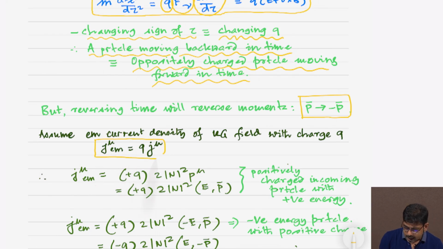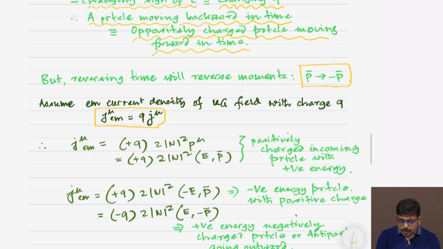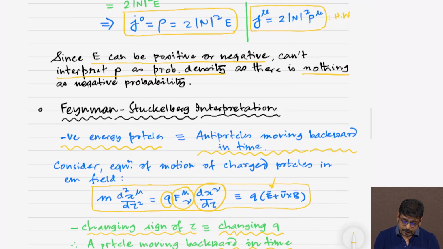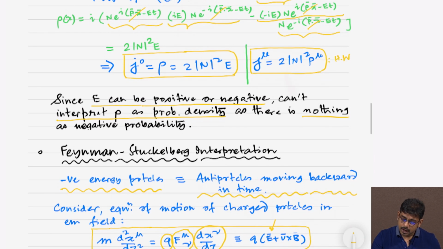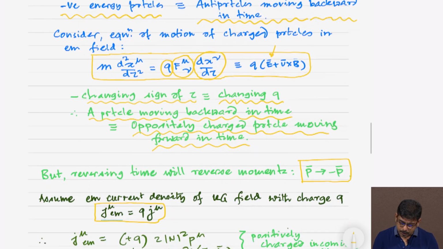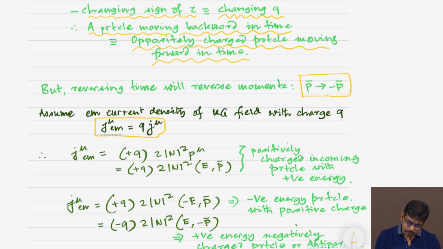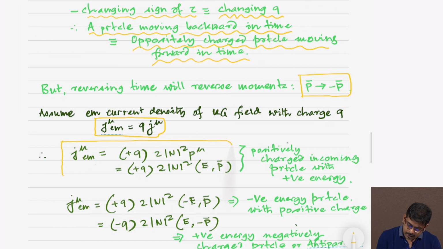So, I can construct an electromagnetic analog current, j^μ electromagnetism, that will be q into the j^μ that we constructed, and it turns out that this j^μ was nothing but 2 into |N|² into p^μ. So, therefore, the j^μ electromagnetic is plus q into 2|N|² into p^μ, which if you expand the p^μ is nothing but (E, p), right.